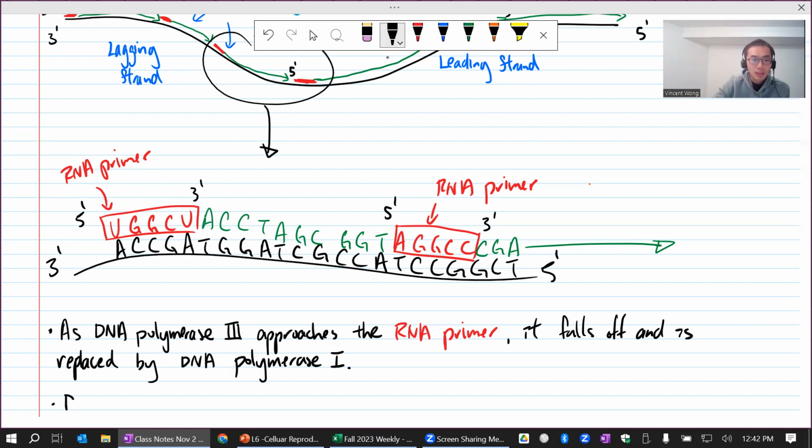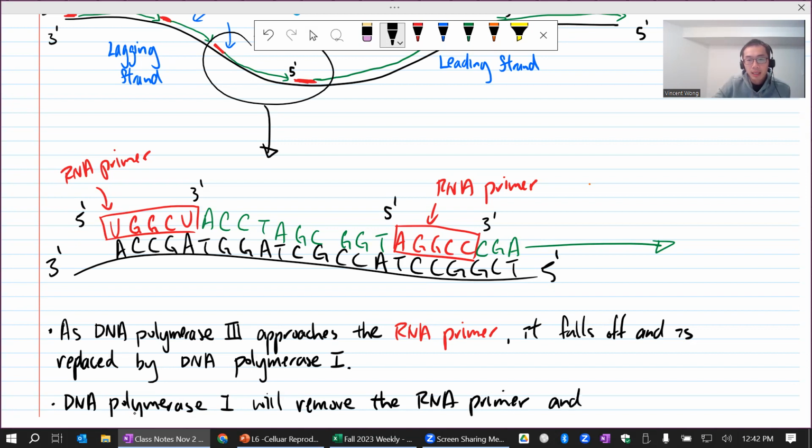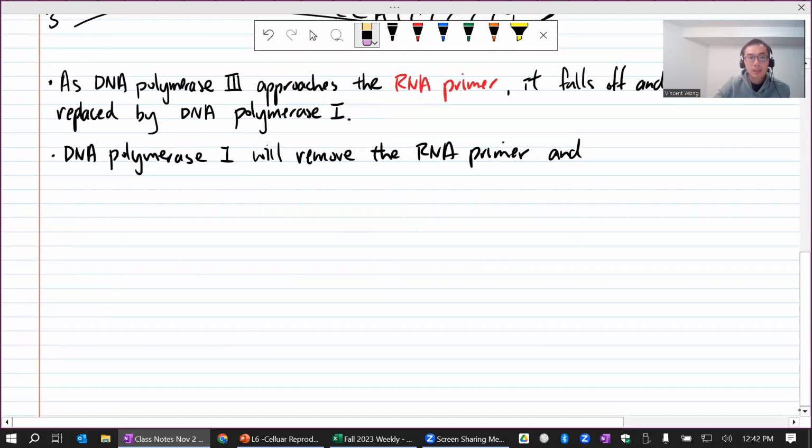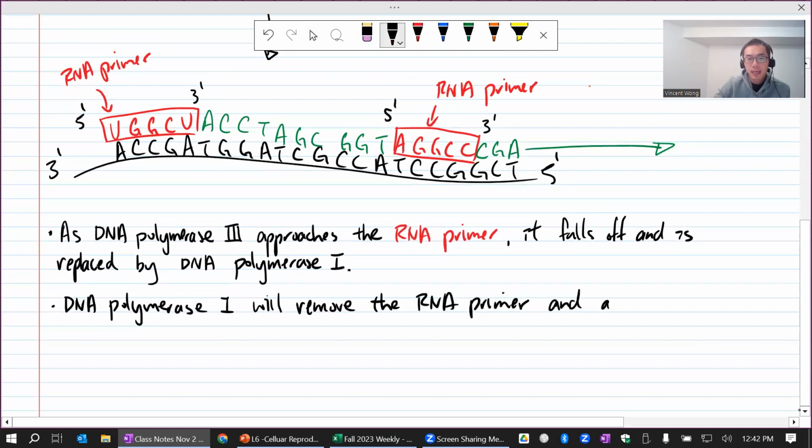Right. So DNA polymerase 1 will remove the RNA primer and add DNA nucleotide instead.